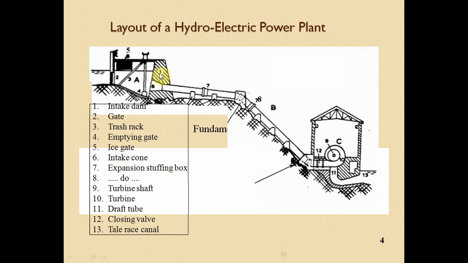This part is the gate, this is the trash rack, this is the emptying gate where a valve will be there, and this is the ice gate. So this is the layout of the hydraulic power plant where electricity will be produced from the water that comes from the river to the dams, and from the dams to the grid.